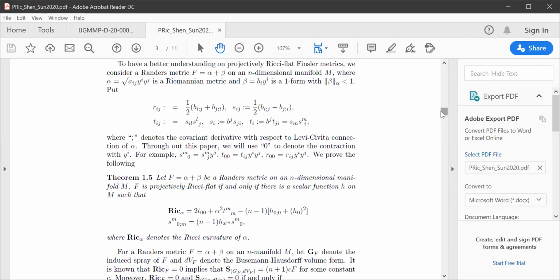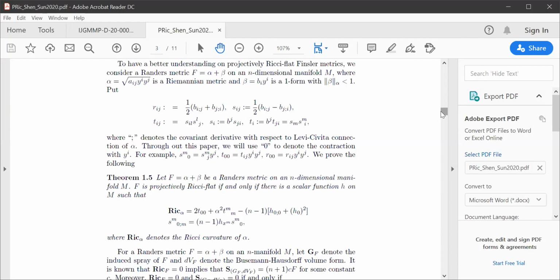Then of course you can talk about whether that metric is proportional to the Finsler metric F. In that case you can say it is projective Ricci isotropic, but the geometric meaning of that is not clear to me, because when we talk about projective, projective literally means projectively invariant. It must be invariant under the projective change.